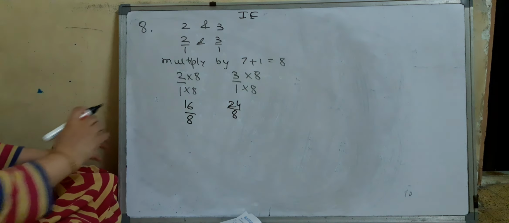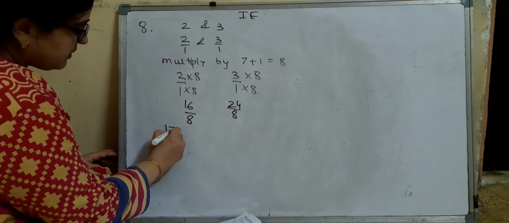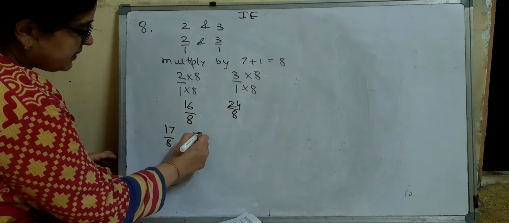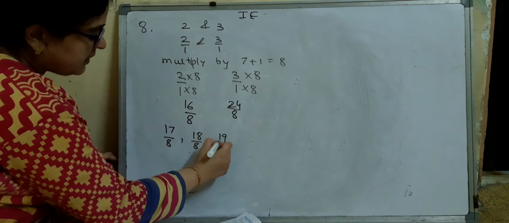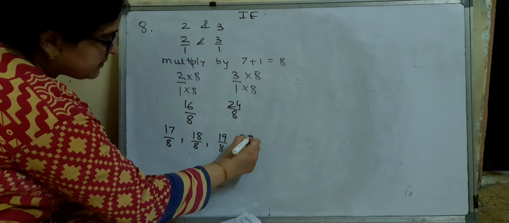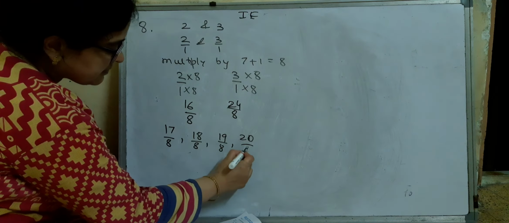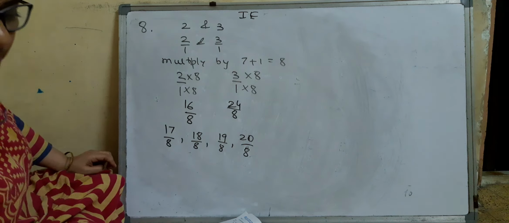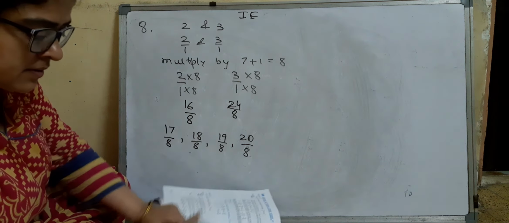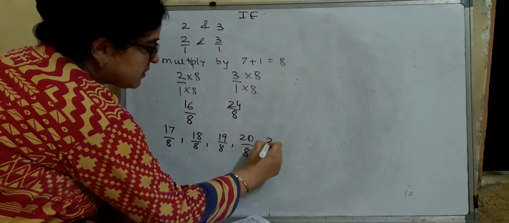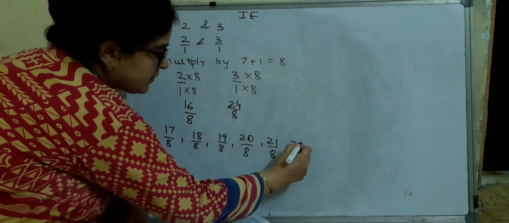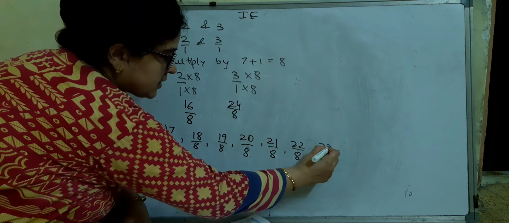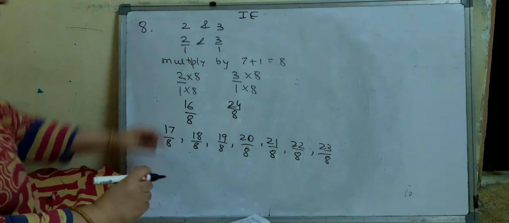So how many rational numbers will you get between them? 17, 18, 19, 20, 21, 22, 23, right?